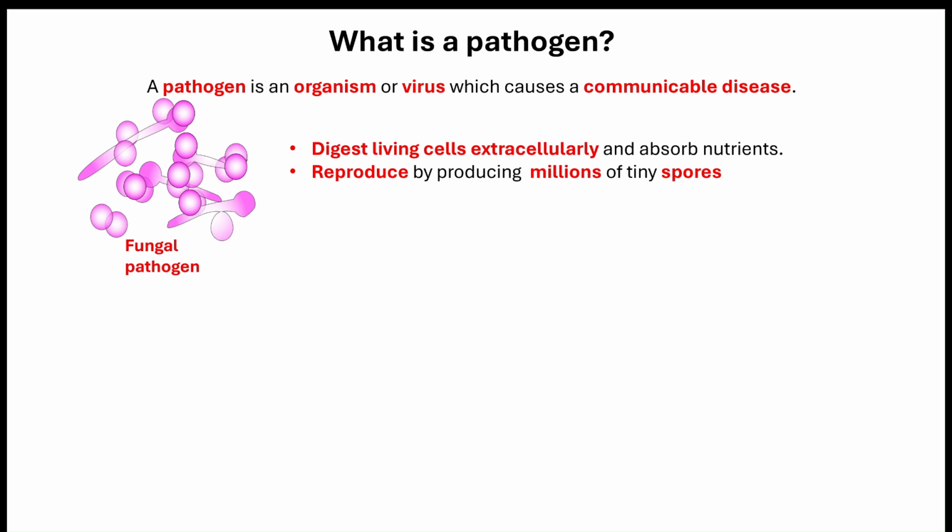So just like the Protista, they also produce spores, and those spores can be transported over large distances. So this is why some fungal infections and some Protista infections can result in being infected in different lands because of this ability to transport over large distances.